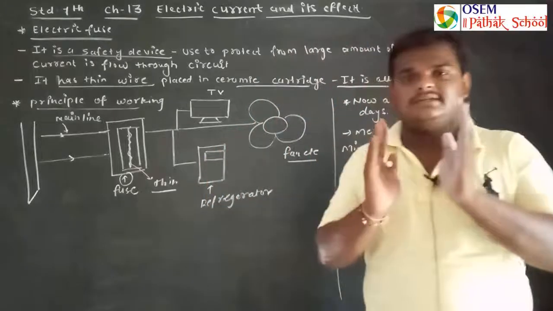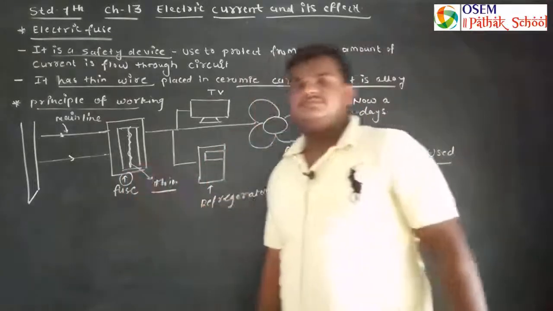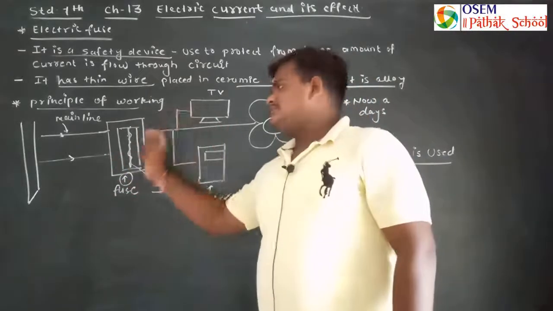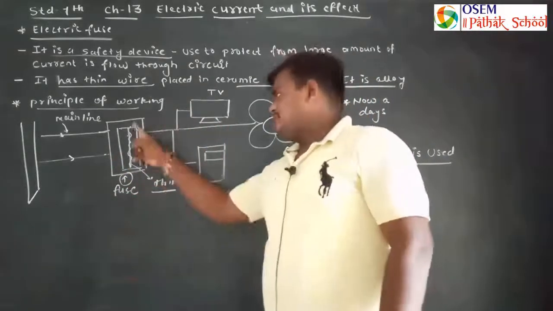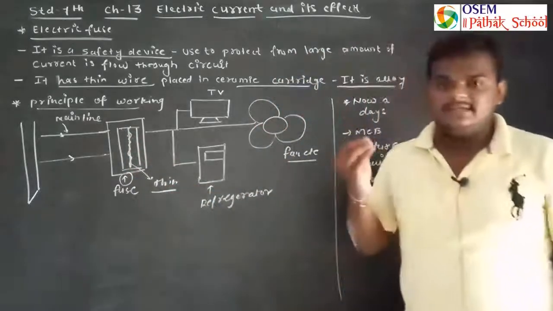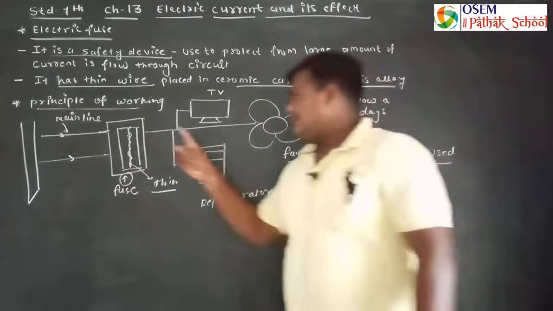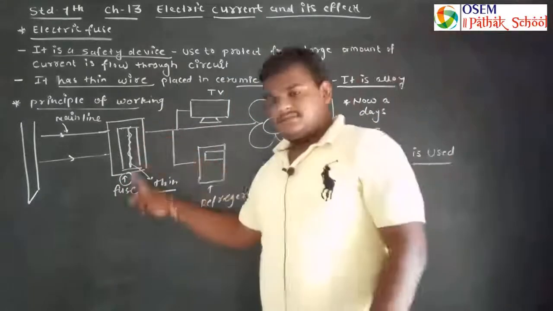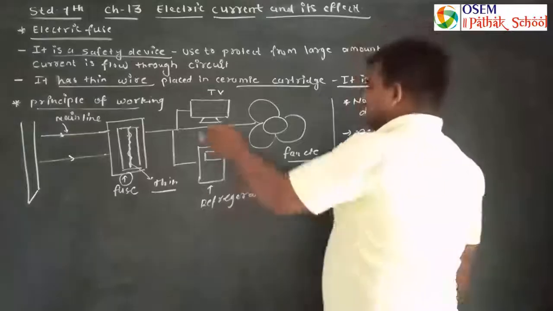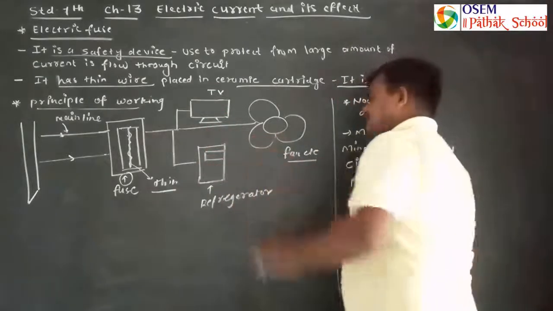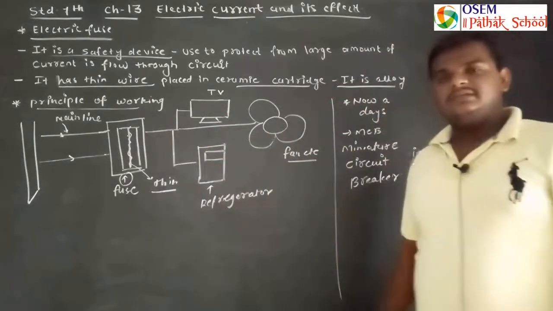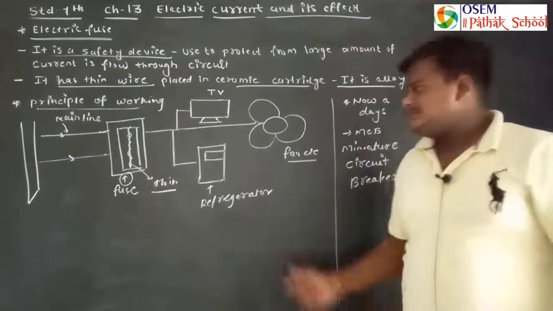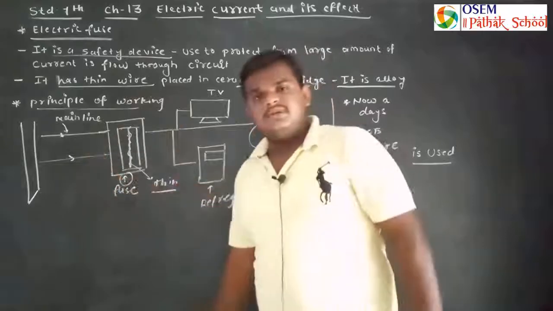The current needs to pass through this fuse. If the amount of current is high, then this fuse wire, which has a low melting point, melts easily and breaks. Then our appliances like the TV, refrigerator and fan cannot be harmed or damaged. So this is the principle of working of a fuse.